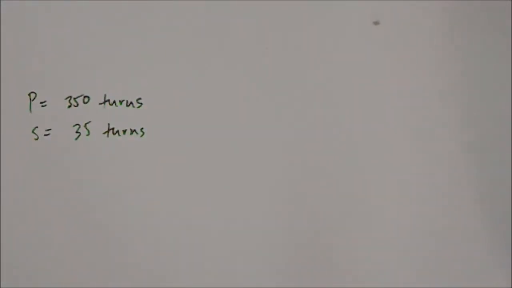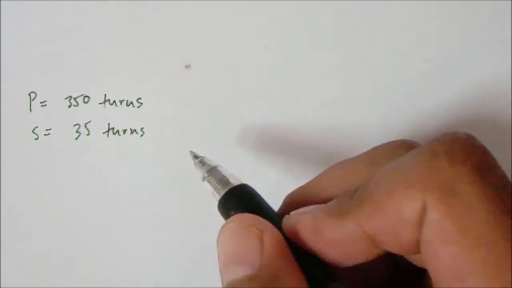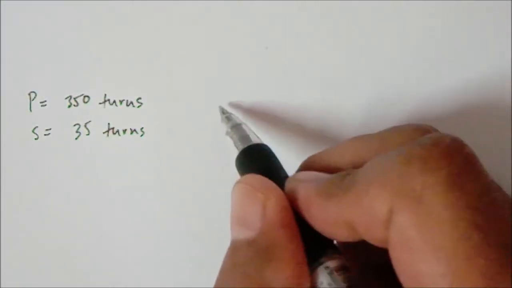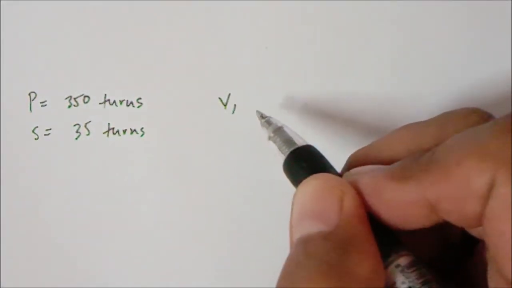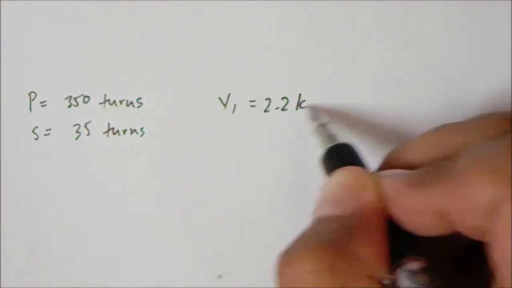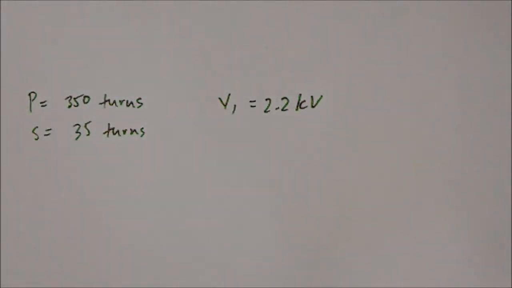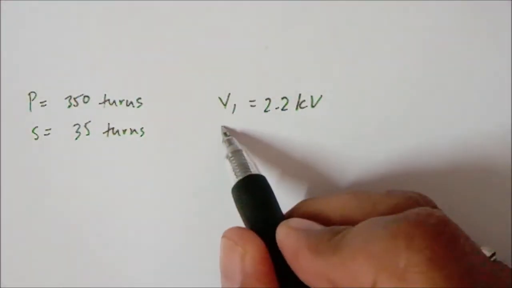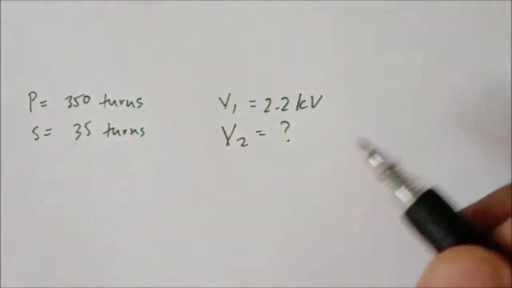Tapos, yung ating voltage, if the primary voltage V sub 1 is equal to 2.2 kilovolts, 50 Hertz, determine the secondary voltage. So, hinahanap natin si V sub 2. So, napakadali.